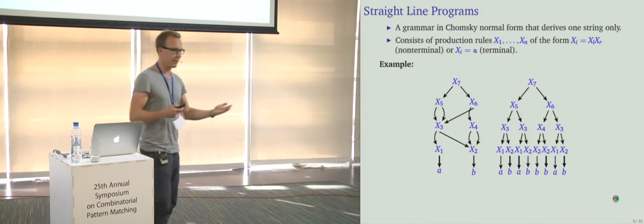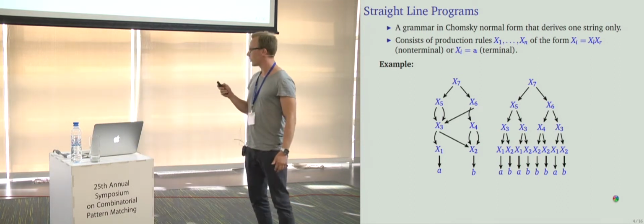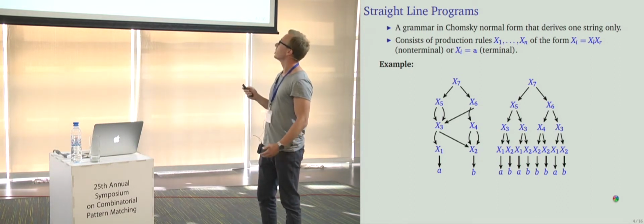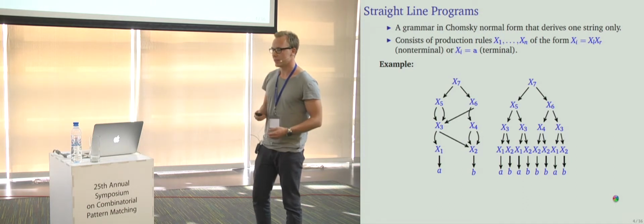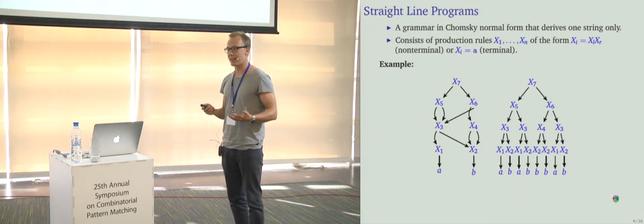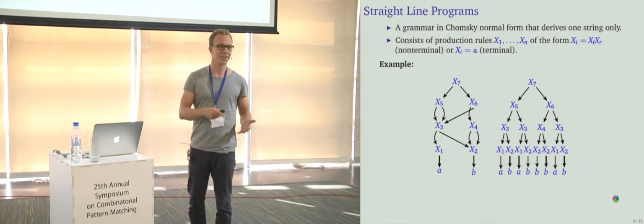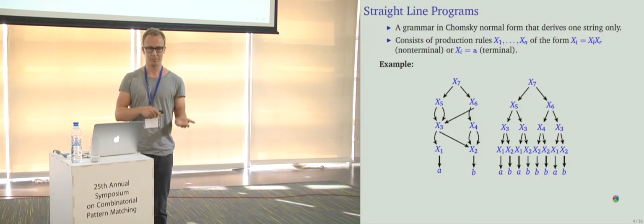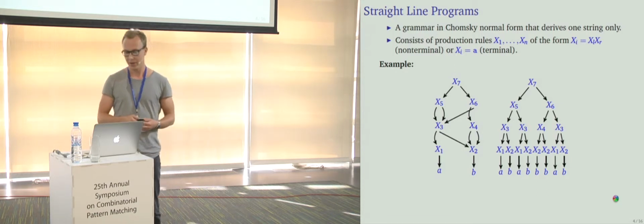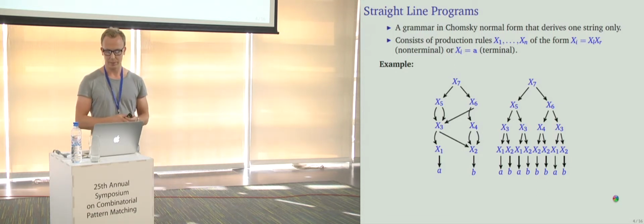And I like this model also because we can see it as a directed acyclic graph, and I like to talk about nodes and edges instead of production rules and the left and right side of the equality sign. So I'm going to stick with that.